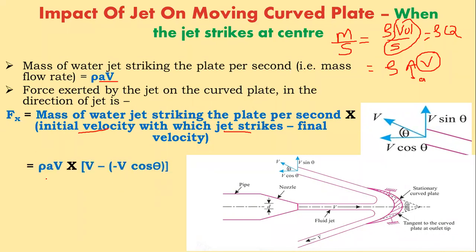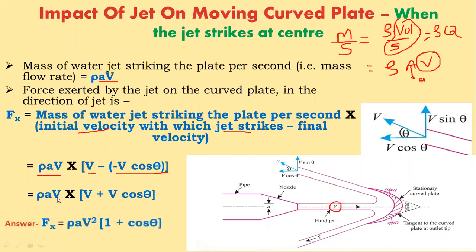So mass is rho A V, initial velocity is V, and final velocity is minus V cos theta. So it will be rho A V into V, minus into minus will be plus, so V plus V cos theta. Here we will take V common and take it outside the bracket.